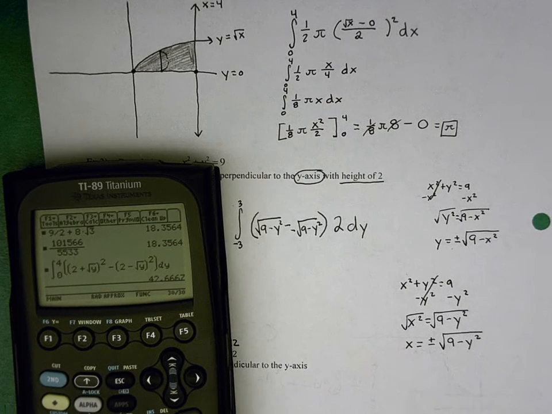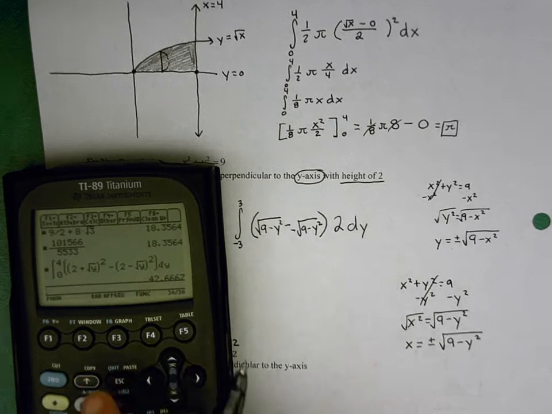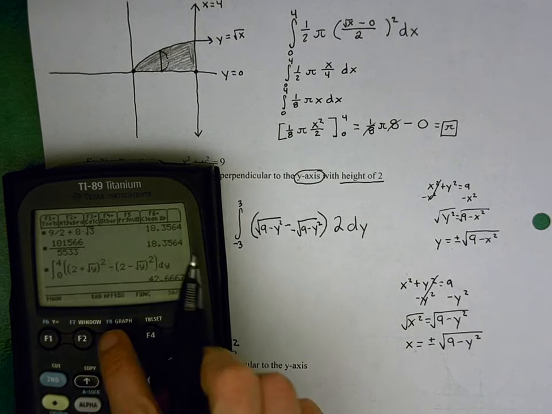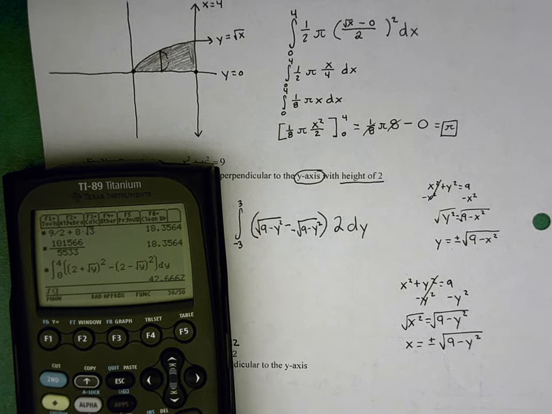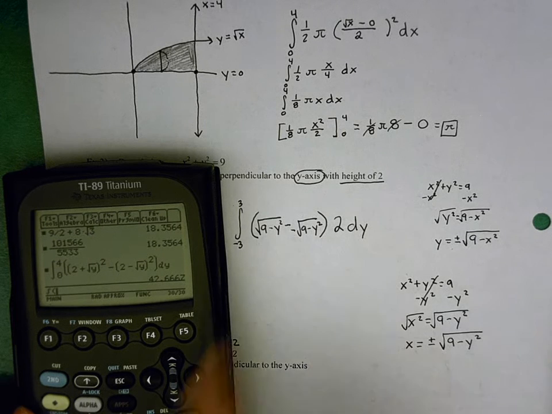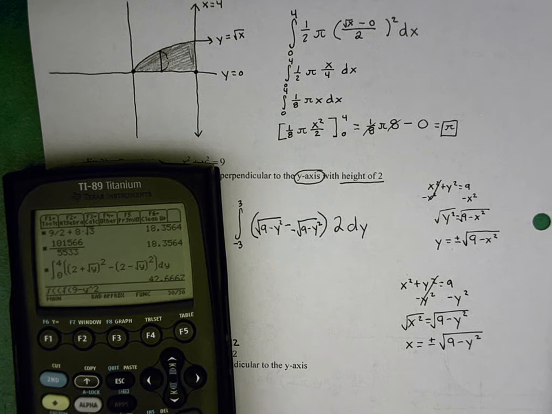In the 89, you will be doing F3, which says calculus. And right here on number 2, it says integrate. To integrate, you're going to type in your function. We have the square root of 9 minus y squared.